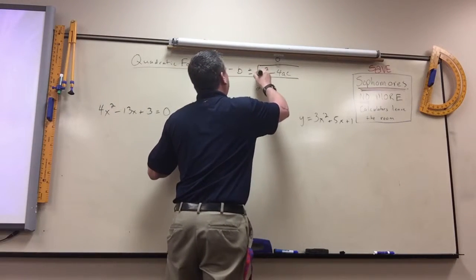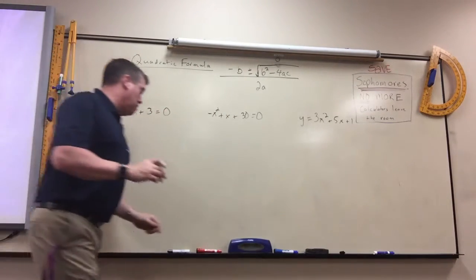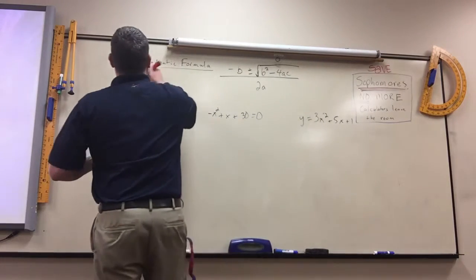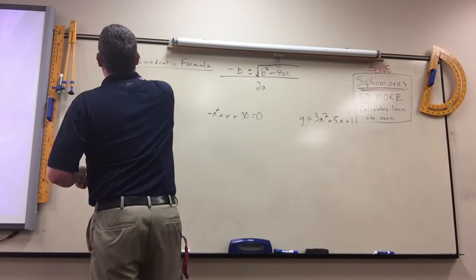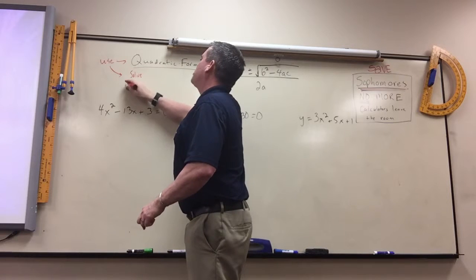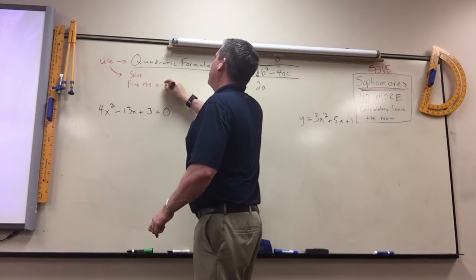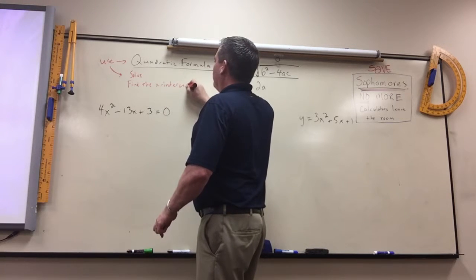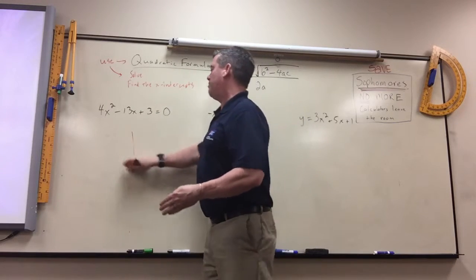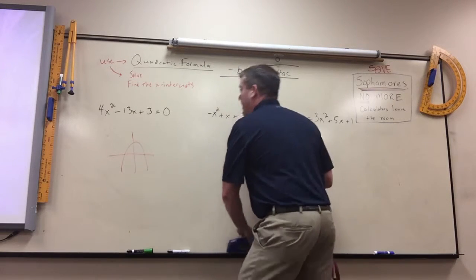Now, the quadratic formula is used to solve quadratics, to figure out what x is. Sometimes it's worded differently. You use the quadratic formula if they say solve. Sometimes they say find the x-intercepts, because the solution to a parabola is wherever it crosses the x-axis, so those are called the x-intercepts also.